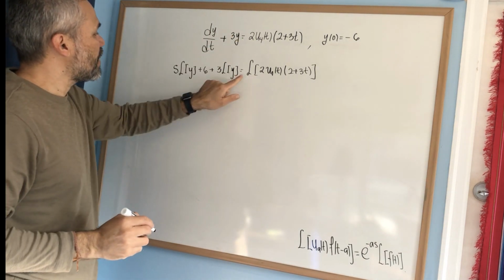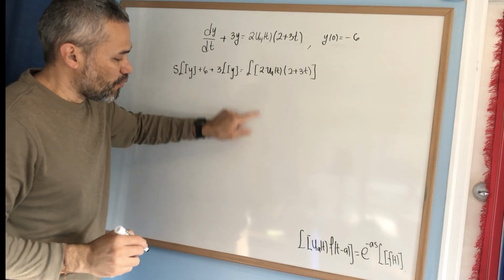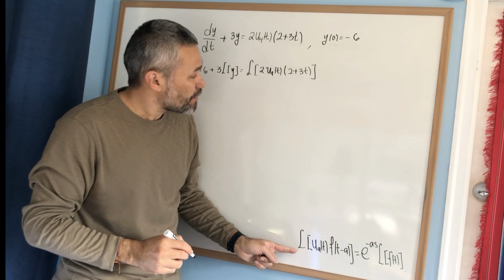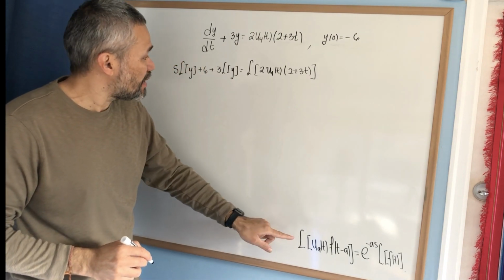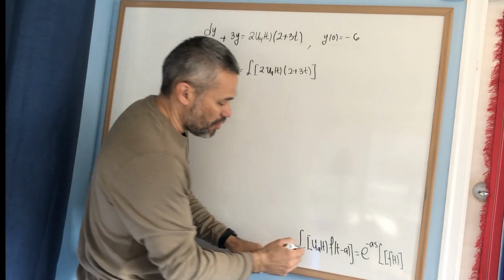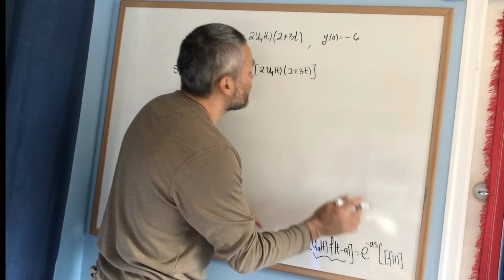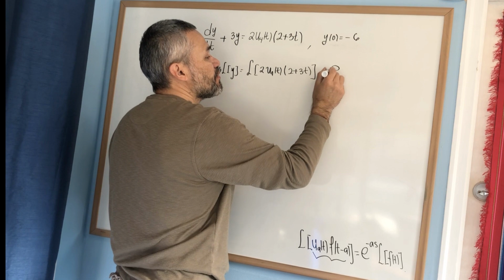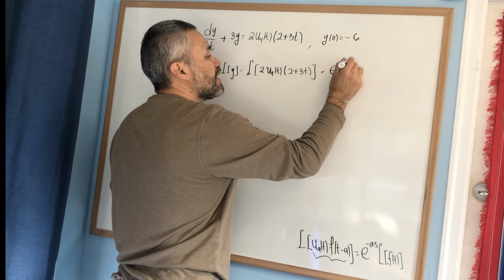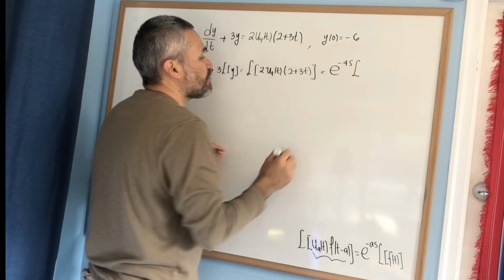And to get this Laplace transform on the right, we use this formula. And it says that the Laplace transform of this function is equal to e to the negative 8s. Then we're going to have e to the negative 4s times the Laplace transform.